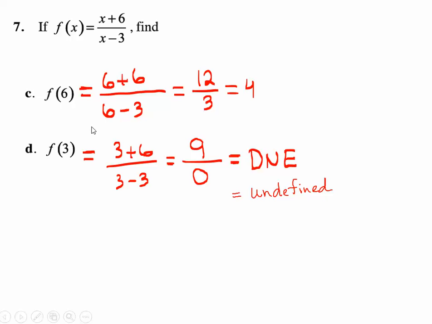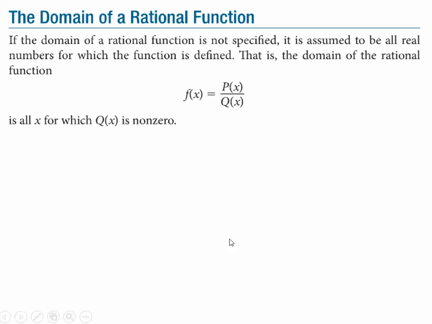Jump to here. Just a quick definition of domain: all the non-zero numbers for Q. So we don't really care about the top piece because the top could be 0, could be 3, could be -12. It doesn't matter. It's the bottom piece that's the problem.